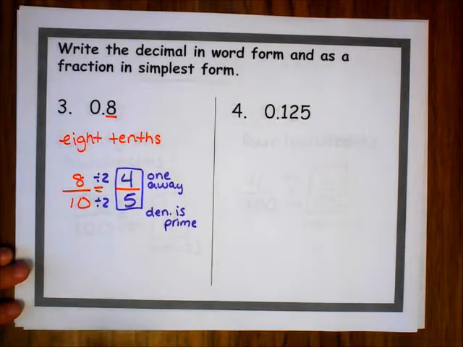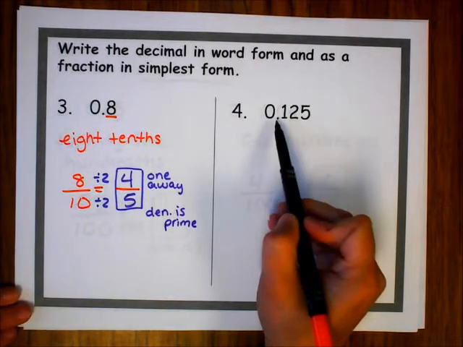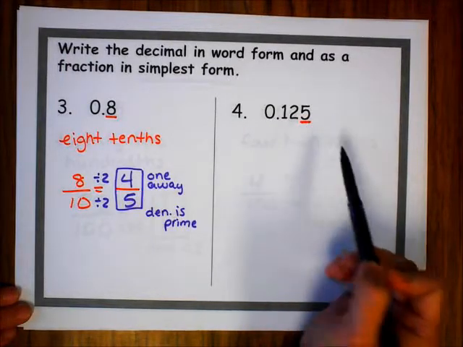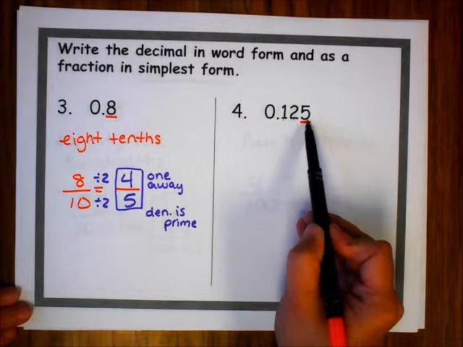Number 4. First, we have to know the correct way to say this using words. So our last place is the tenths, hundredths, thousandths place. So that's 125 thousandths.